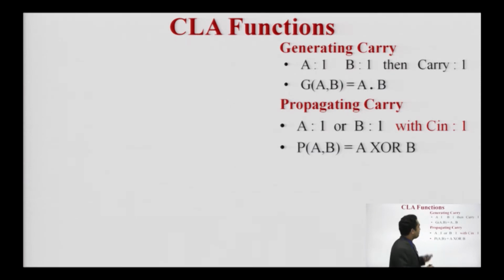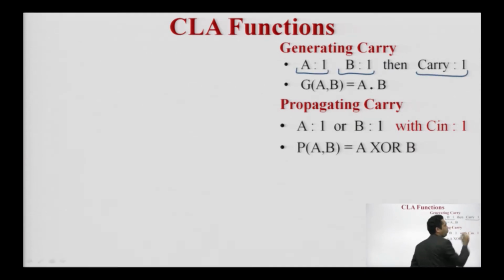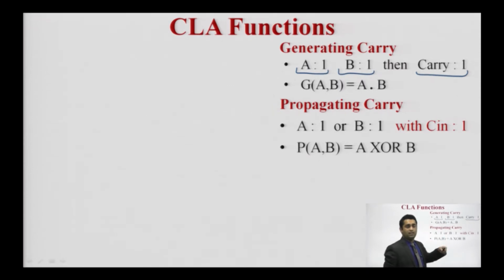This generating function says if A is 1, B is 1 only, then we are getting a carry 1. So which gate are we using here? I have also discussed in detail in the logic operations of ALU that this is an alias of AND operation. So here we are using A dot B as a generating function. The representation of this function is G represents the generating one and A comma B are my inputs. So it is A dot B.